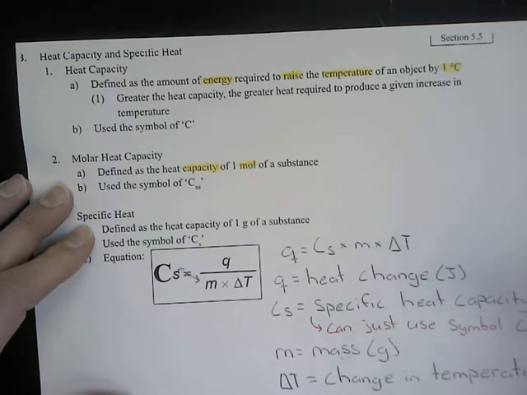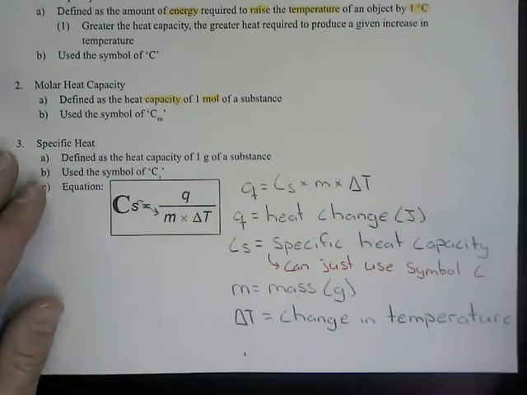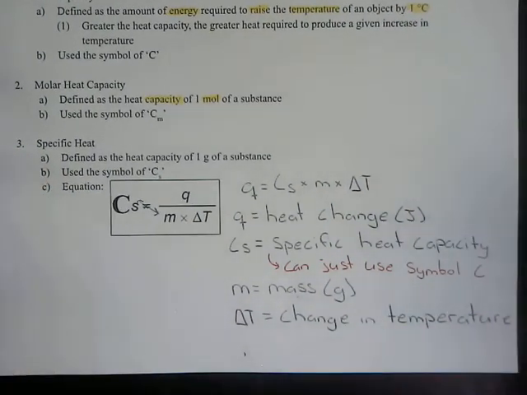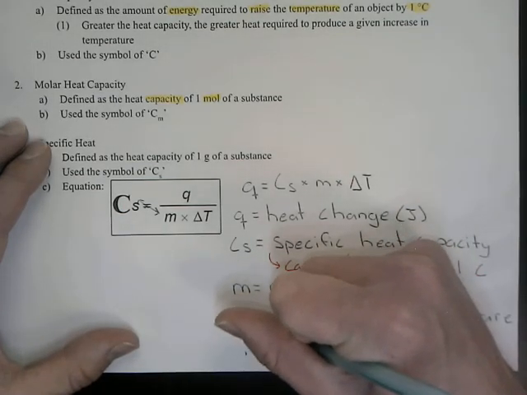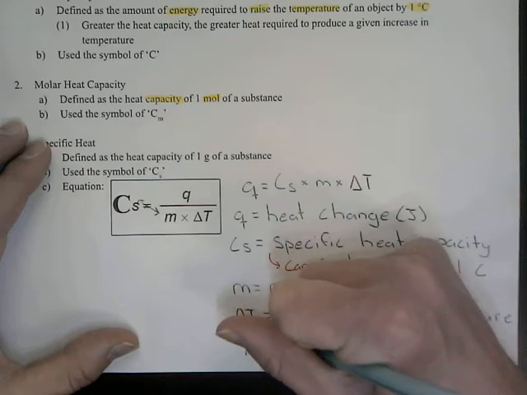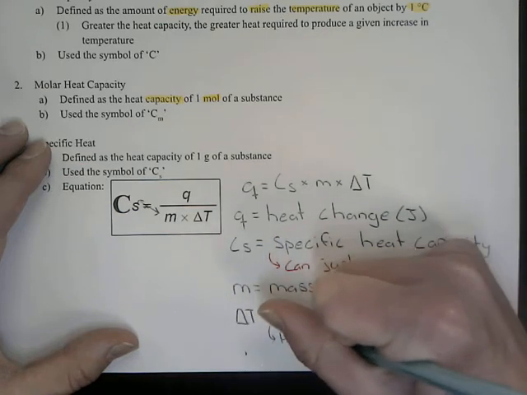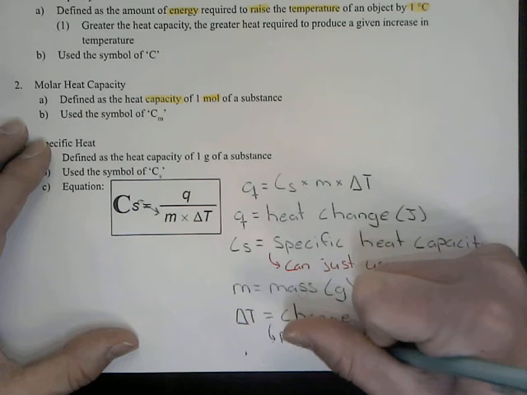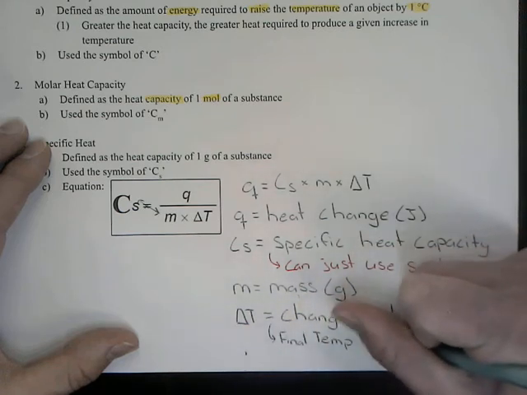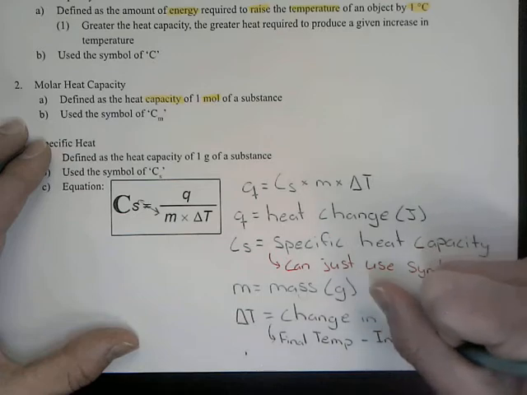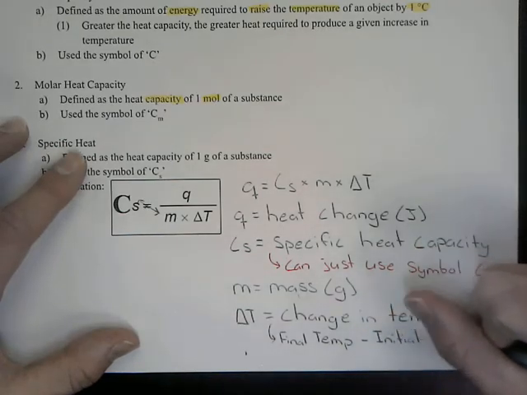Final minus initial is very key to thermodynamic equations or thermochemical equations. So this right here is our final temp, and I'm going to abbreviate temp, T-E-M-P, minus our initial temp, okay?